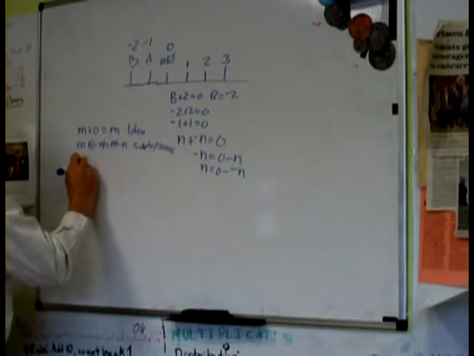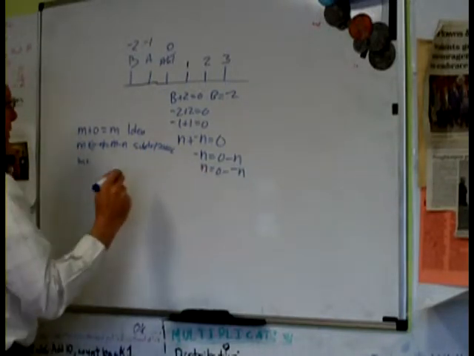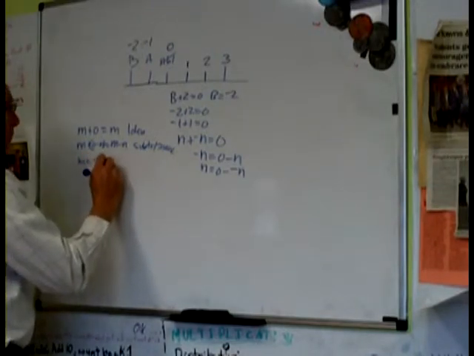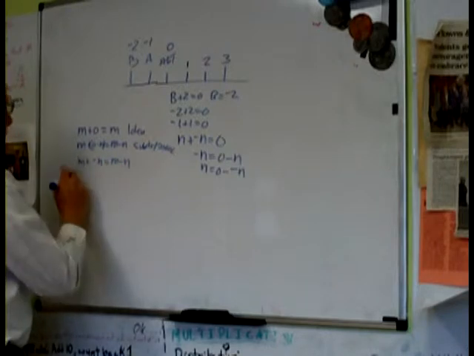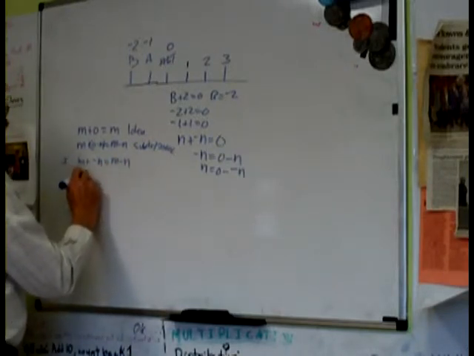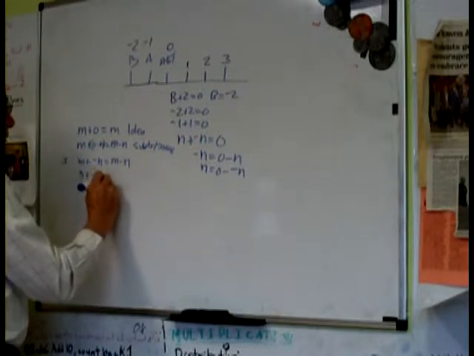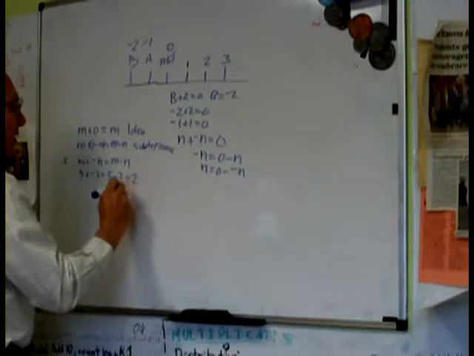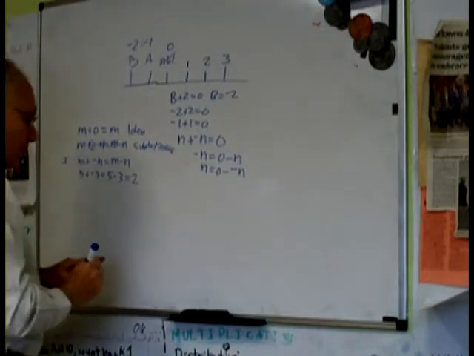And we know from this over here that 0 minus n is equal to minus n. So we've now developed rule number 1, which says that when we add a negative number to a number, we get the answer by subtracting that number from the number.